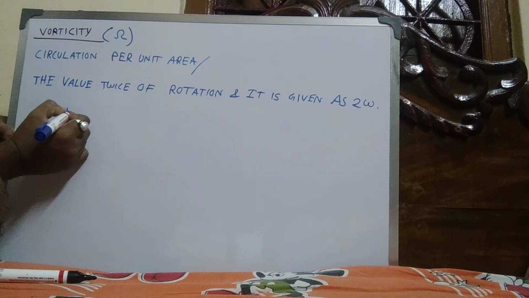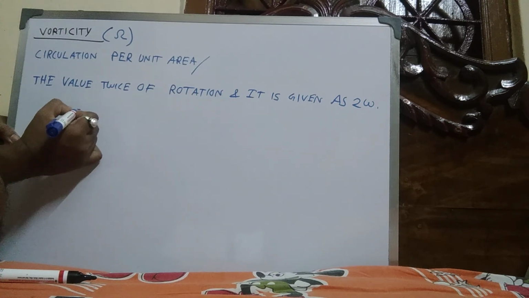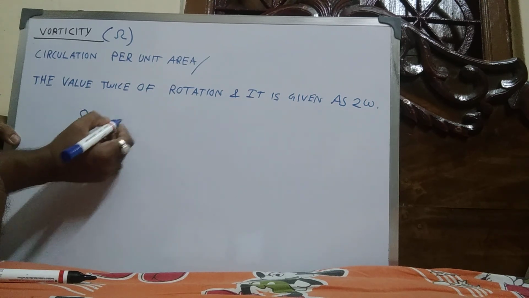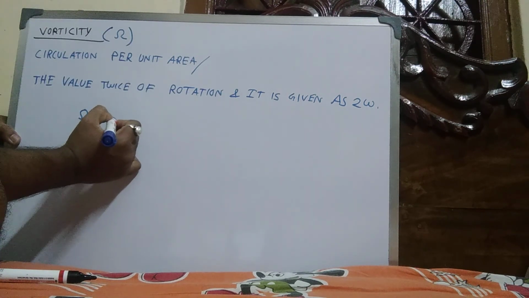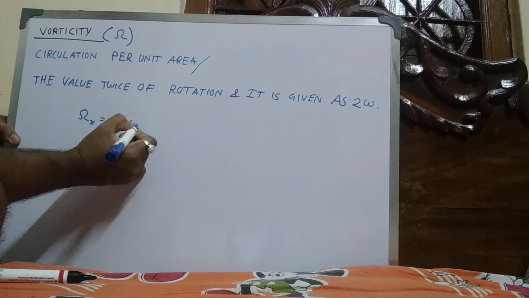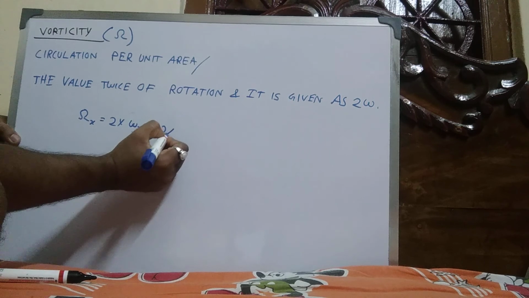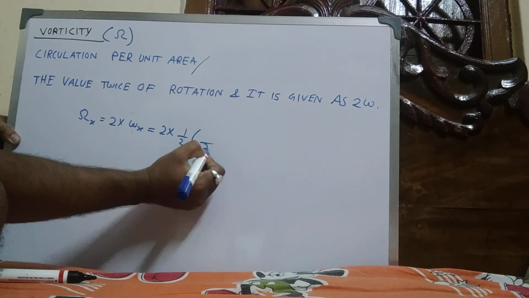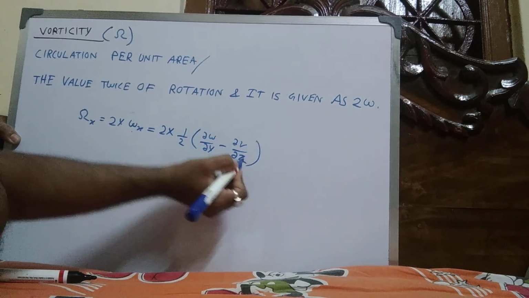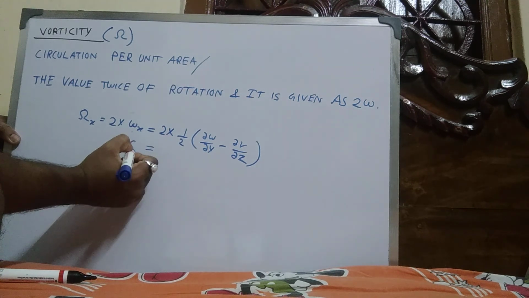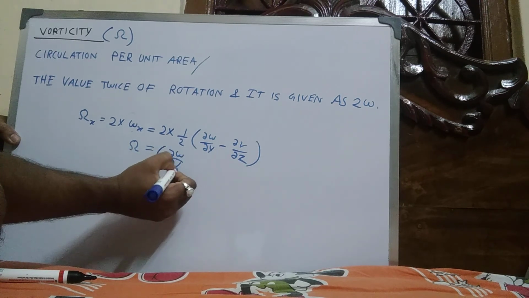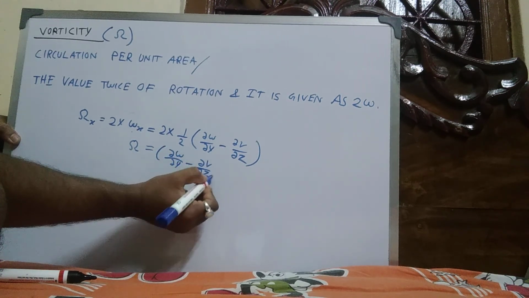So for omega x, the x direction, twice into half into (dw/dy minus dv/dz).